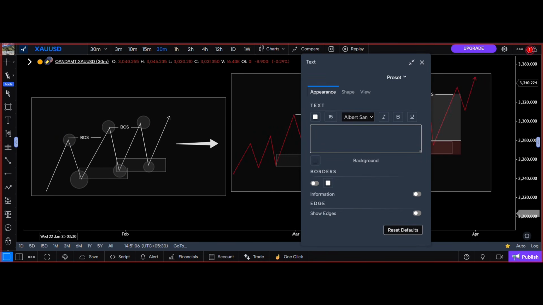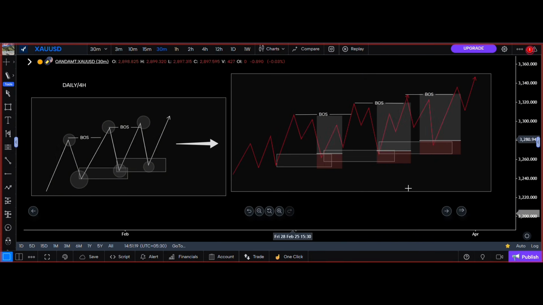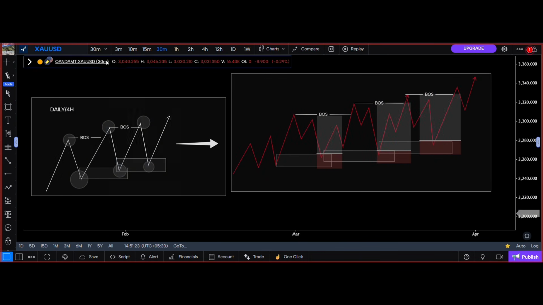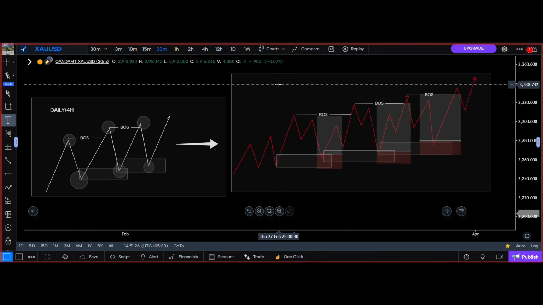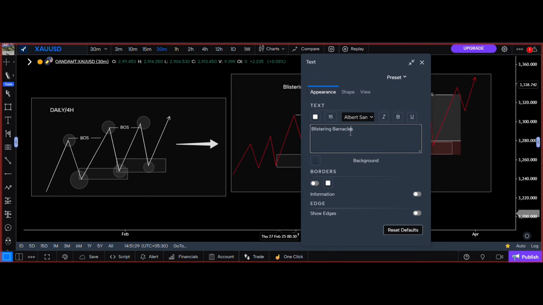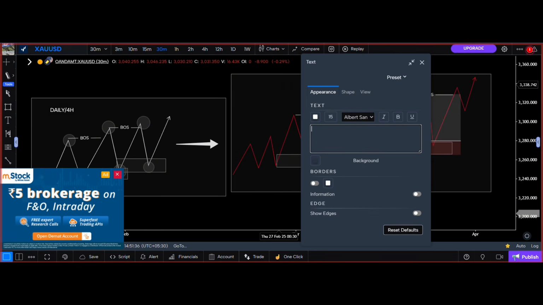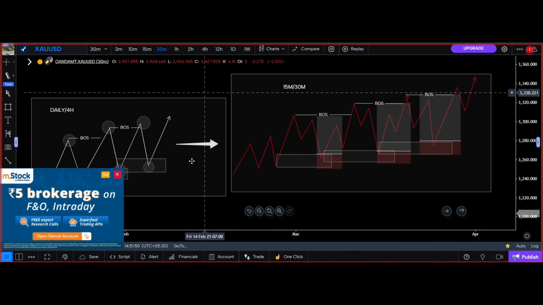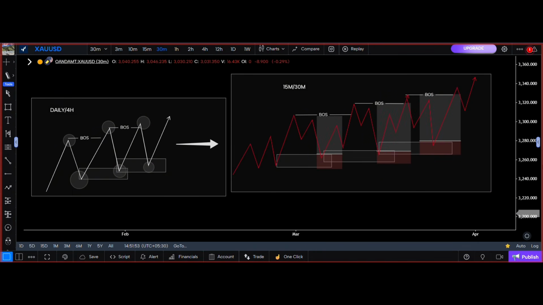This is the daily time frame or 4-hour. This will be the 15-minute or 30-minute time frame. All right, take a screenshot of this.